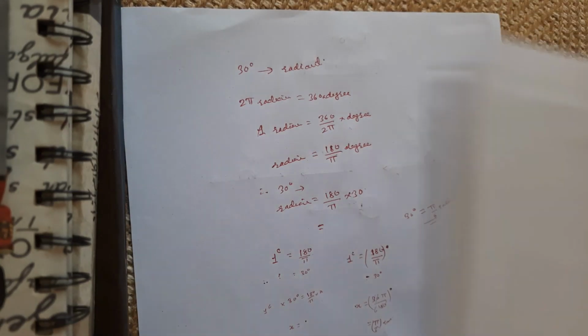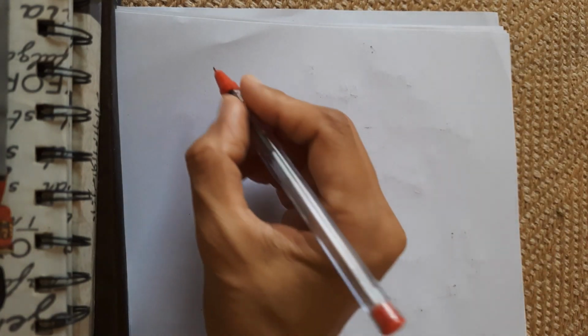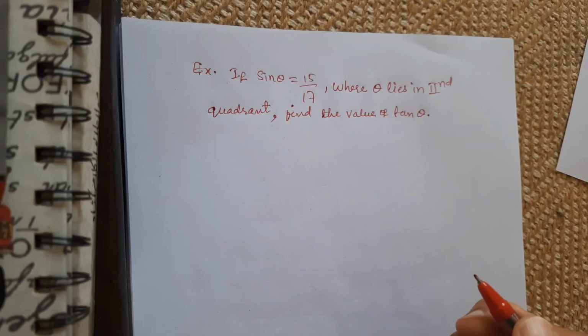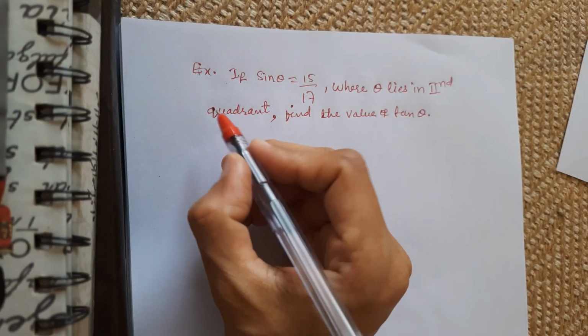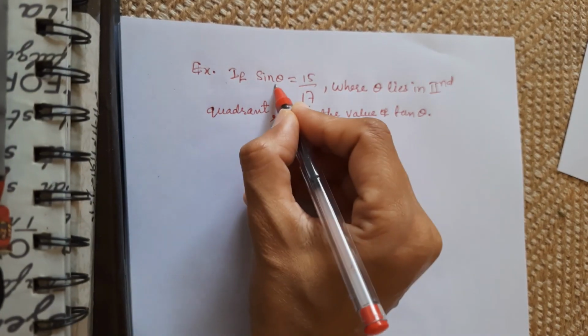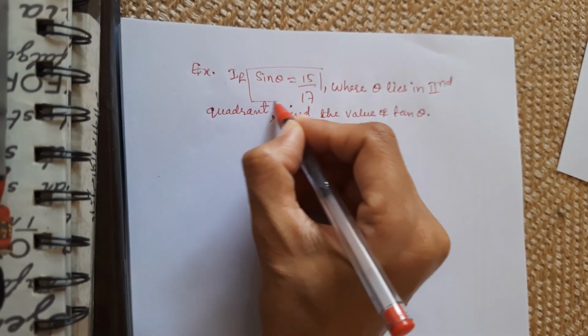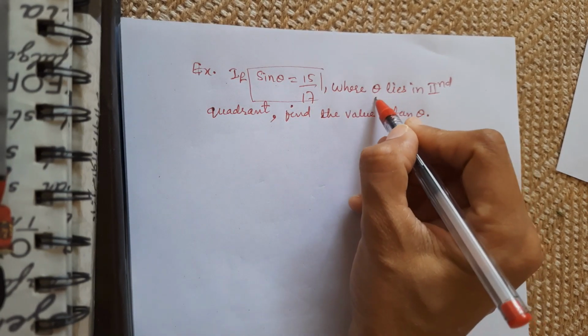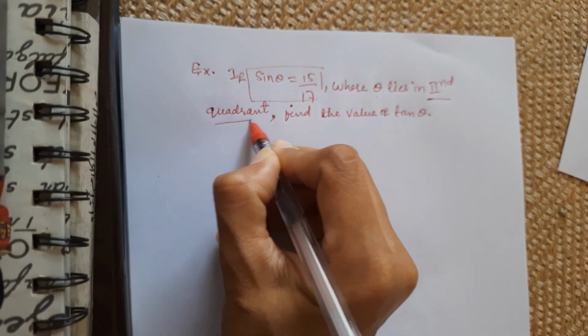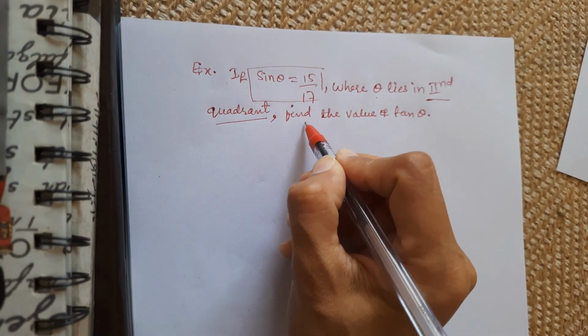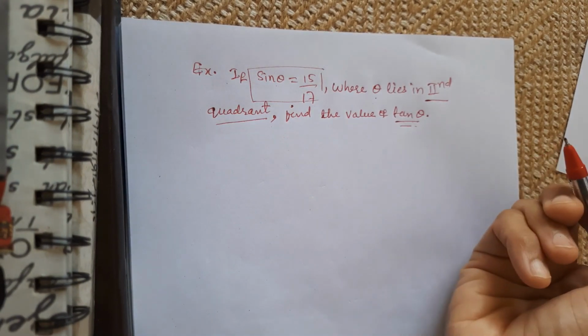Now I am going to solve some examples so that you understand it well. I just wrote an example here. If the value of sin theta is given as 15 by 17, where theta lies in the second quadrant, that is the second information given, we need to find the value of tan theta.